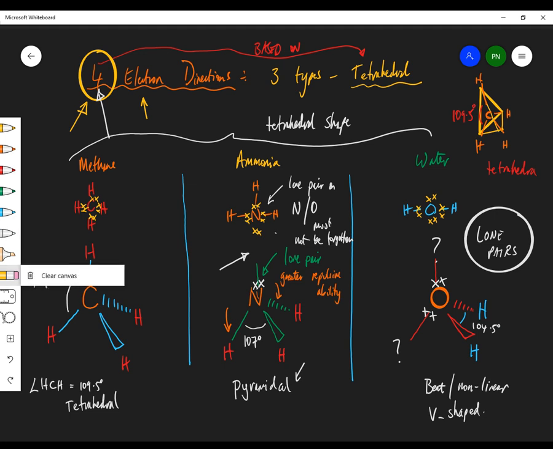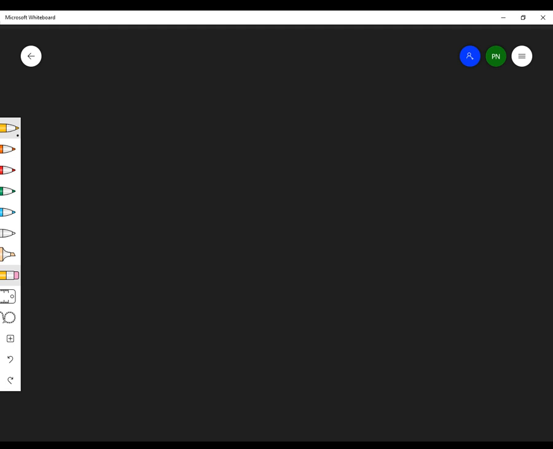Okay, so let's move on to the 5 electron directions. Now, 5 electron directions is really beautiful, I think. And this is important. PCl5 is the biggest example of this. But in organic chemistry, we use this.